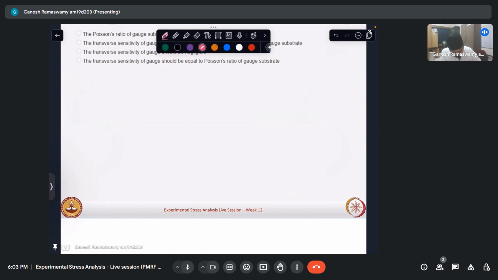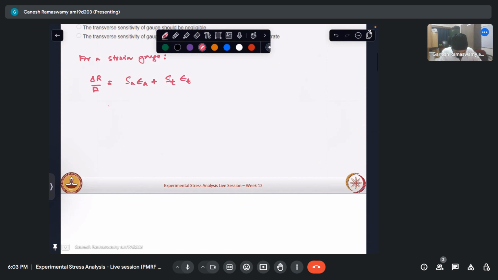So we know for a strain gauge, delta R by R is a function of the axial strain plus St epsilon T. Now here, if we were to take Sa epsilon A common, I get 1 plus epsilon T by epsilon A into St by Sa.